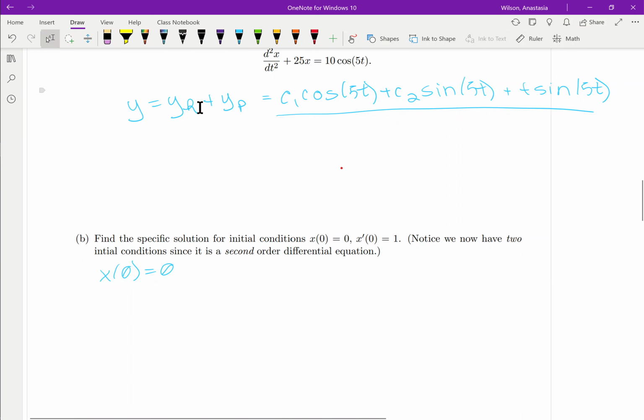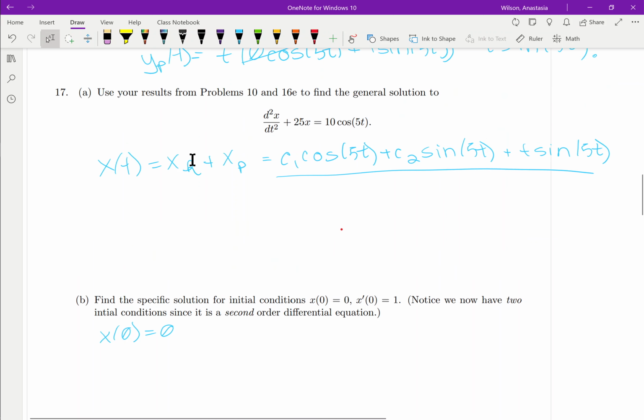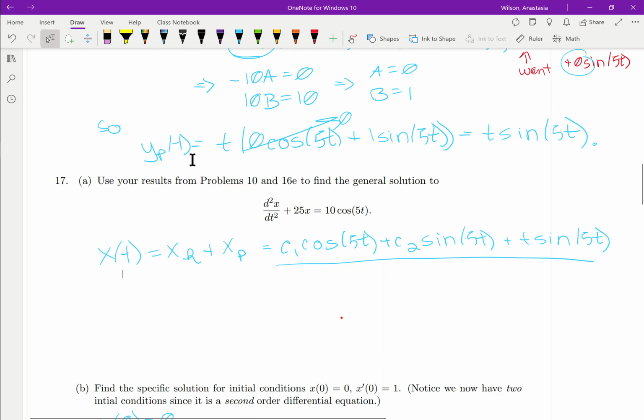I definitely used the wrong letters up here. I'm sorry. Let me erase those and make those x's, since that is the dependent variable in our problem. Okay, and I'll write this as x of t. I did that up here too. I'm sorry.